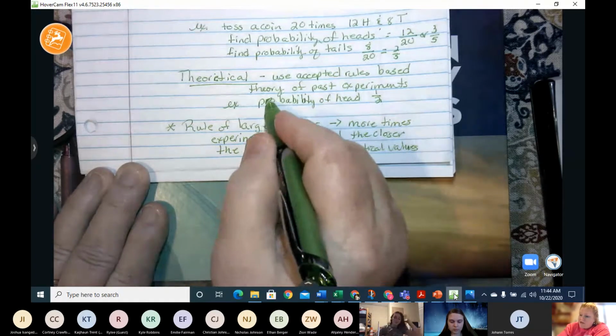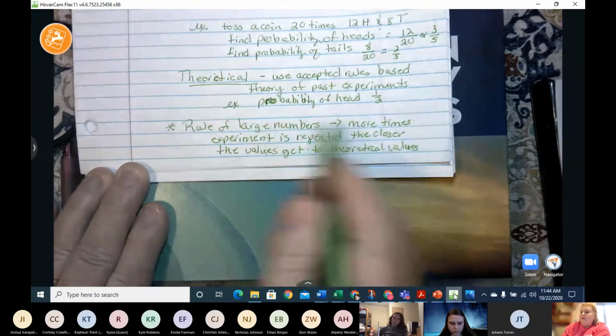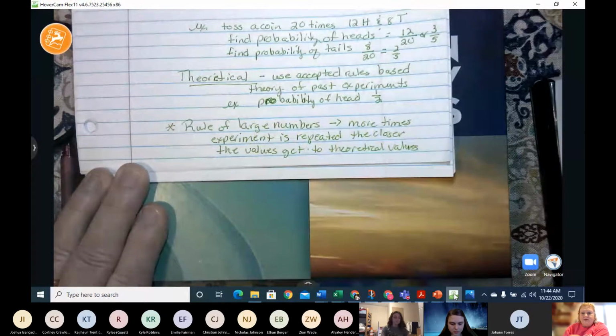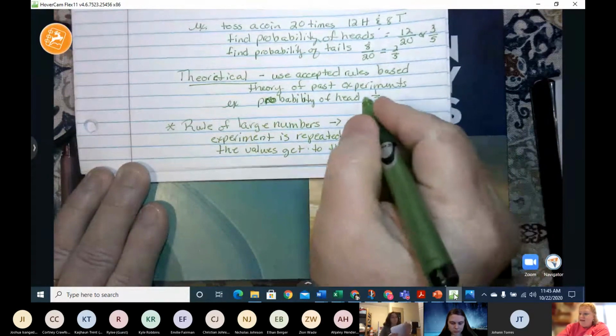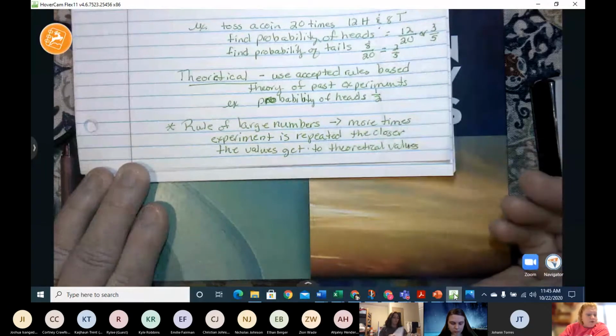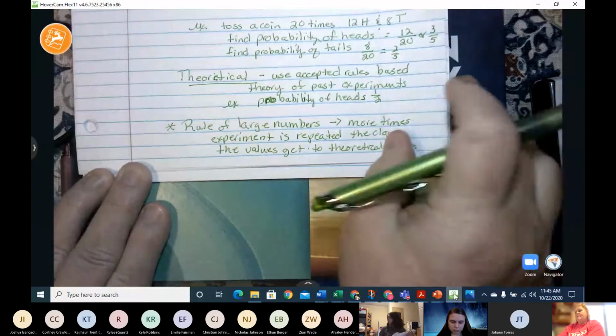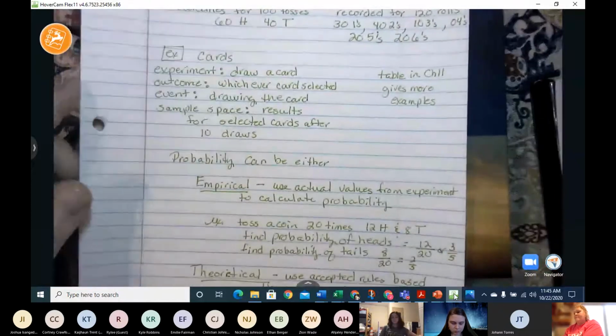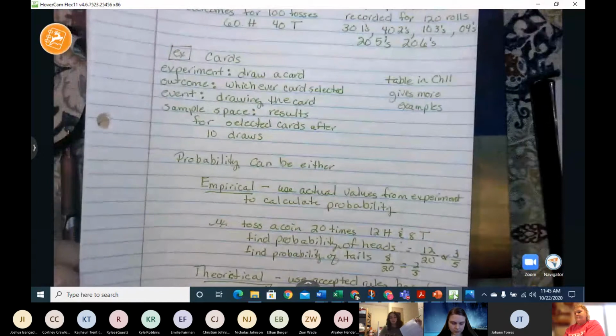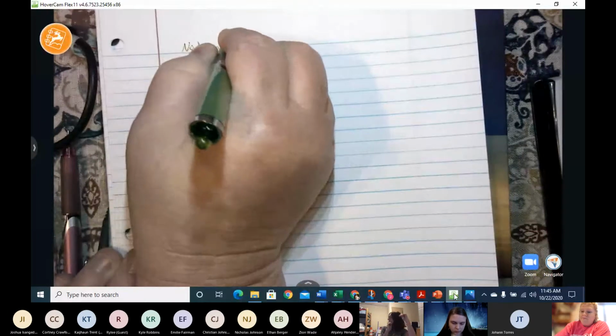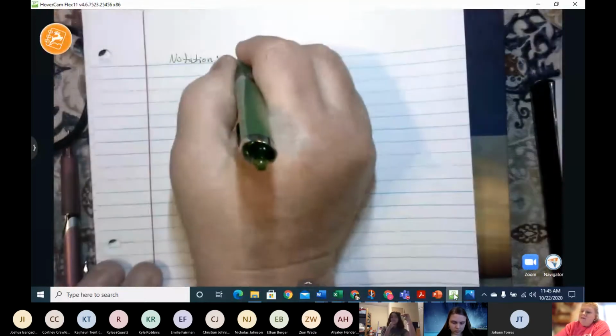Now let's look at some notation that we can use to help abbreviate some of this writing, the probability of heads, instead of having to write that out in words so much. We can name an event.